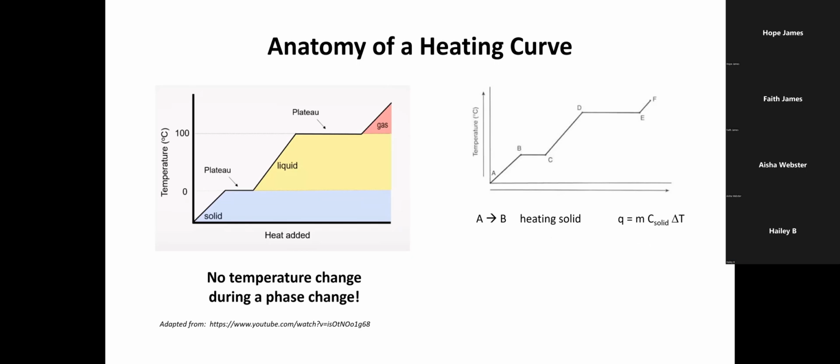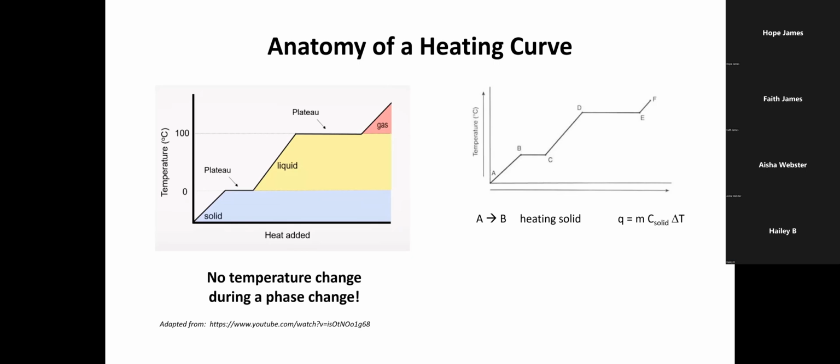It's an energy, it's going to have units of joules, equals the mass times the specific heat of that material. So we have to be careful that we get the heat capacity for the solid version of that material, because between A and B, that material is a solid, times the temperature change. So whatever the temperature change is between A and B, that's what we're going to use there.